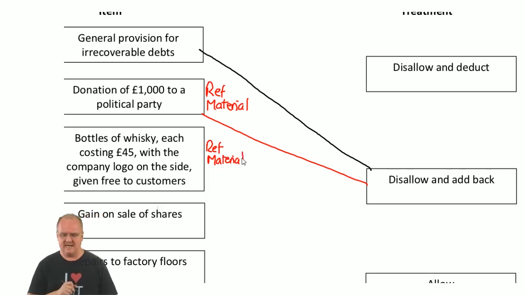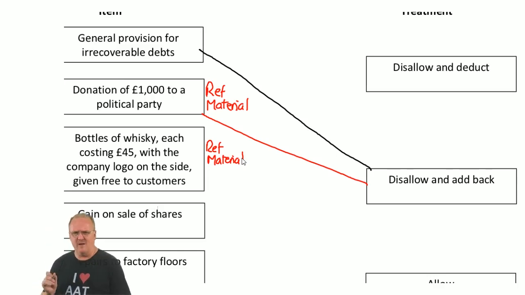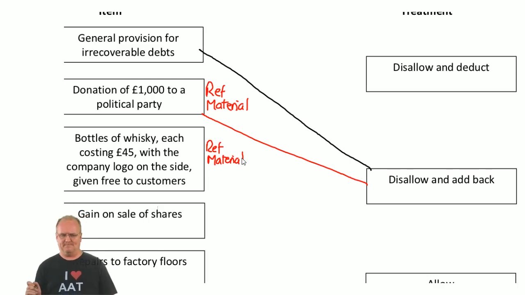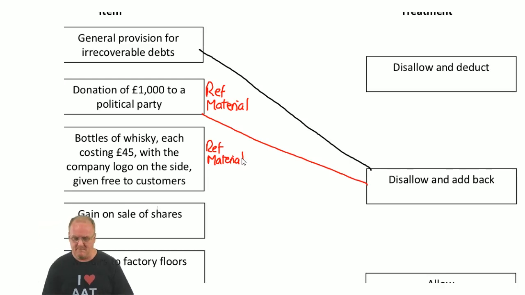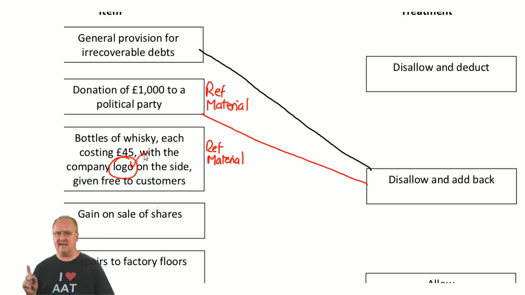You are spending some money making your customers very happy by giving them a bottle of whiskey. Nice! Why do my customers never give this to me? So are these costs allowable? Well, there are rules about this, and if it is genuinely for business purposes only, it may well be allowable, but there are some excluded items. If you put the company logo on it, that helps to make it allowable.